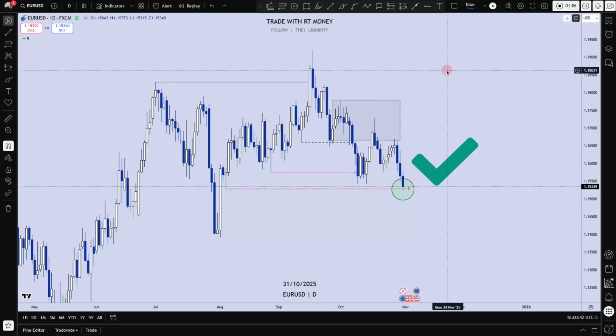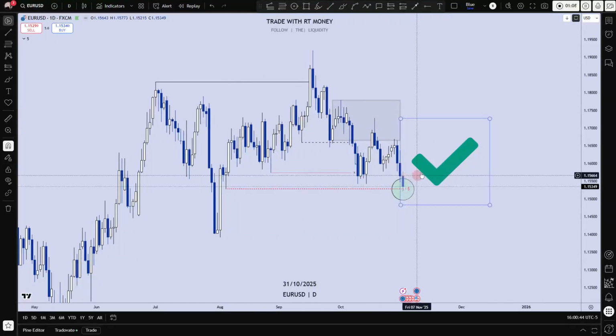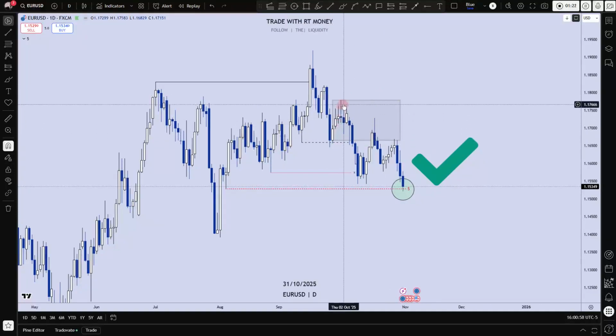Now, what do you see on your screen right now? This is the fulfillment of last week's forecast. I got everything right. I said that we were going to be bearish from over 2 weeks from this area, what I call an area of fair value, but this is an order block. And you can see how price dropped from here, came back to it, became bearish, and then started to drop.